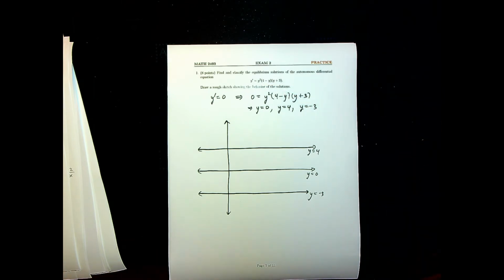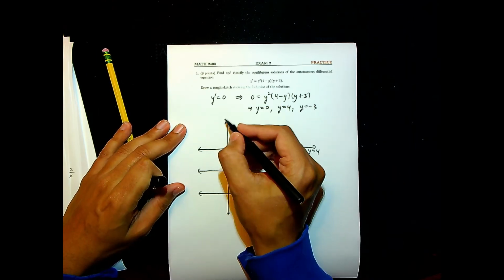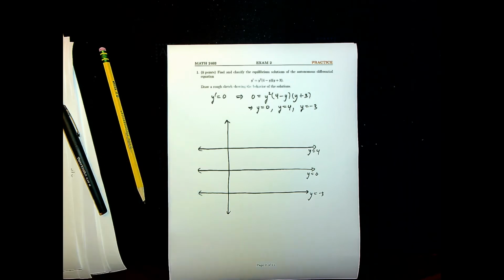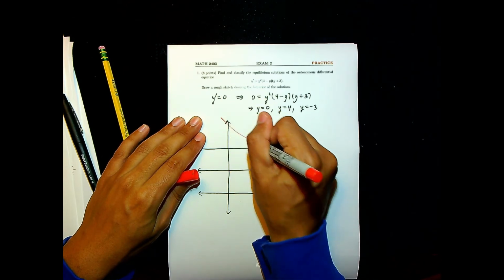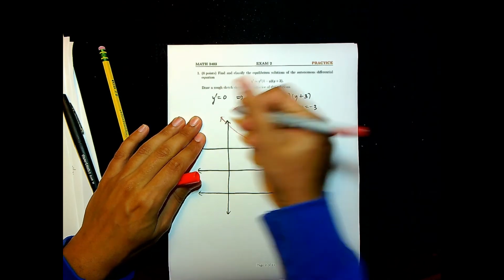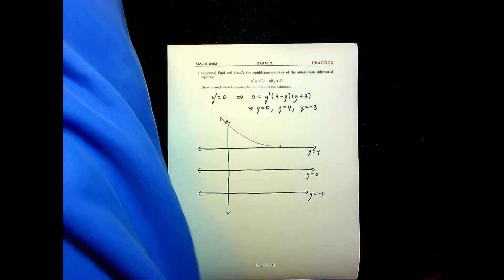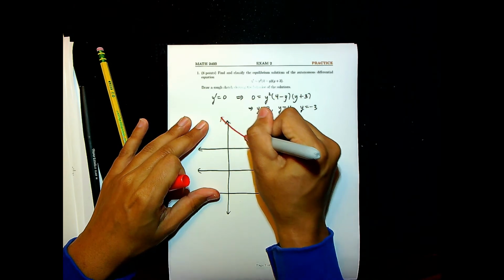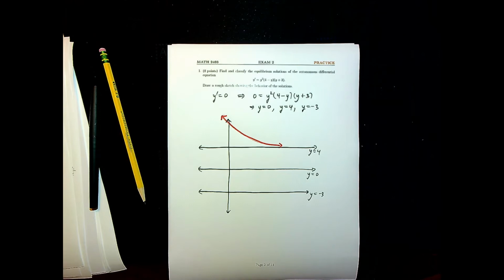So that means for solutions in this region, the solutions are going to decrease because the derivative is negative. So maybe they're going to look like this. Right, so they're going to be decreasing.